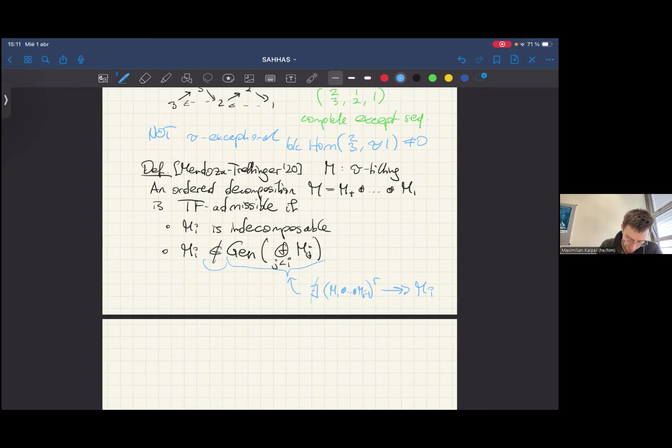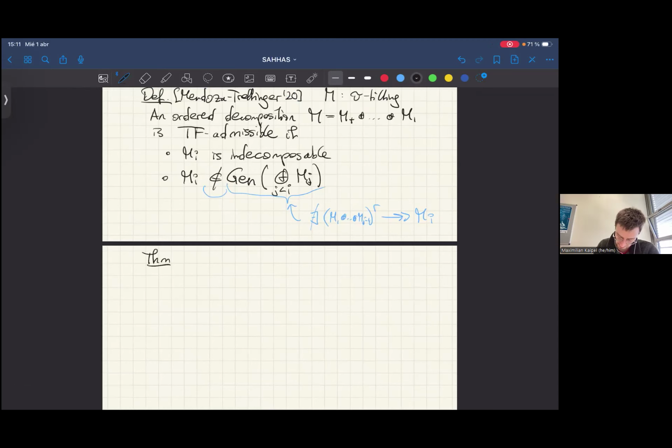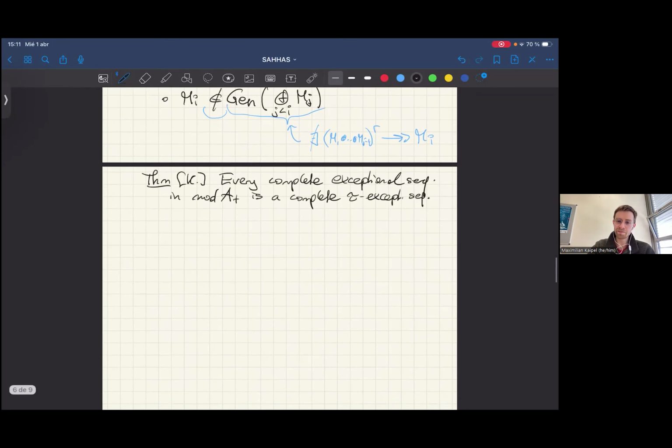The first main theorem is now saying that every complete exceptional sequence in the module category of our AT, our very specific class of algebras, is a complete tau exceptional sequence. Okay, and now I want to go into some details of how the proof works.